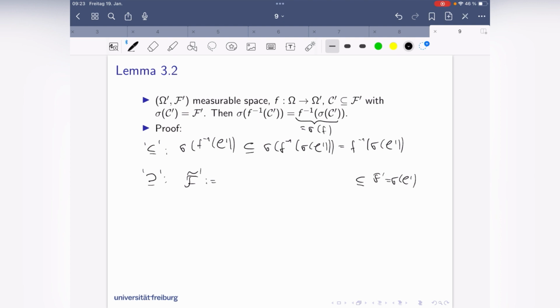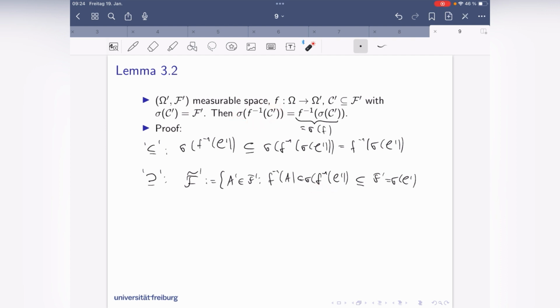So what I do here, I take all A' in F' with a property, and the property is that f to the minus 1 of A' is in sigma of f to the minus 1 of C'. Yeah, so that's this object here.